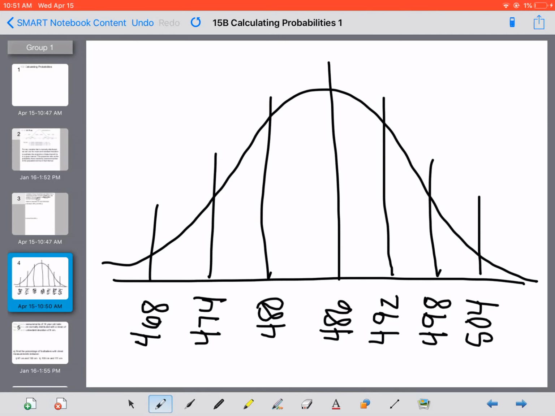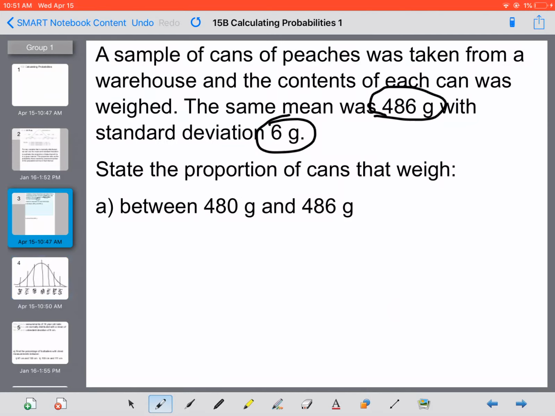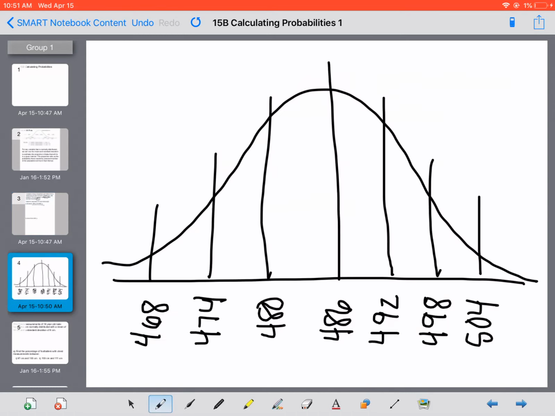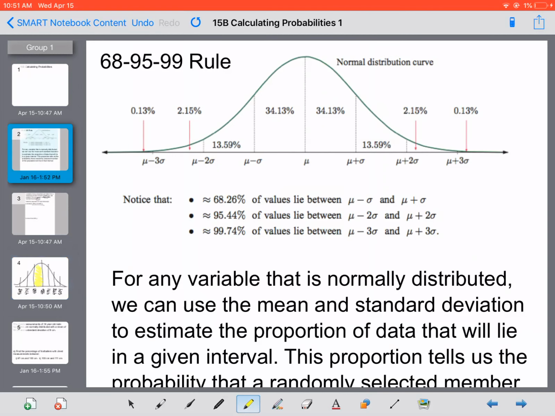So let's go back to our problem for a second, and it says between 480 and 486. So if you go here, we're talking about this chunk right here. So when you go back to that normal distribution curve, that's going to be this part right here.